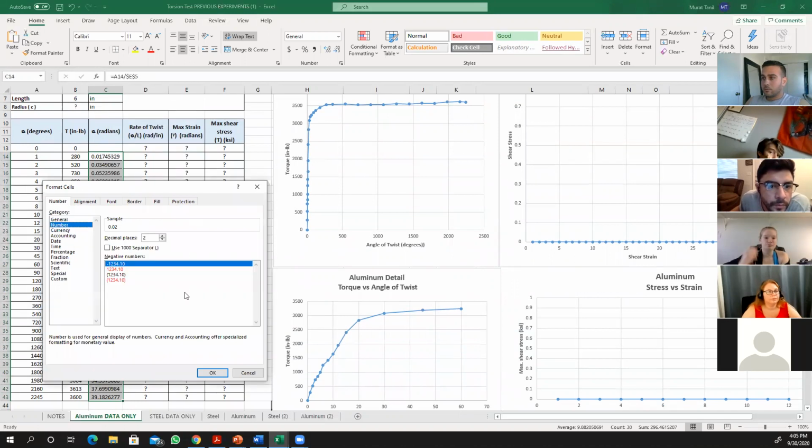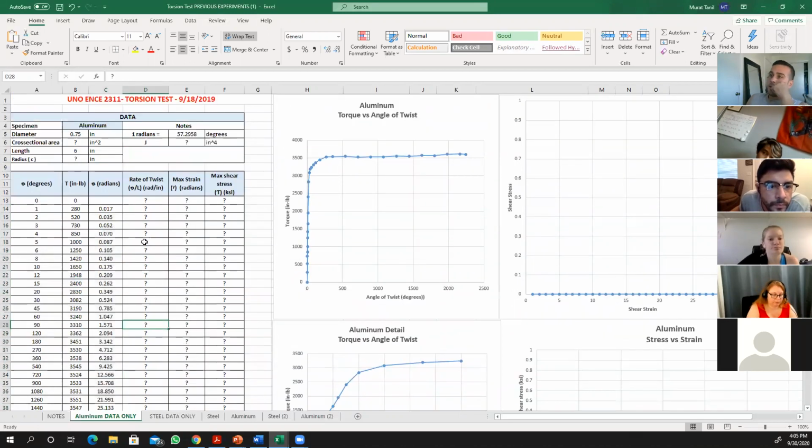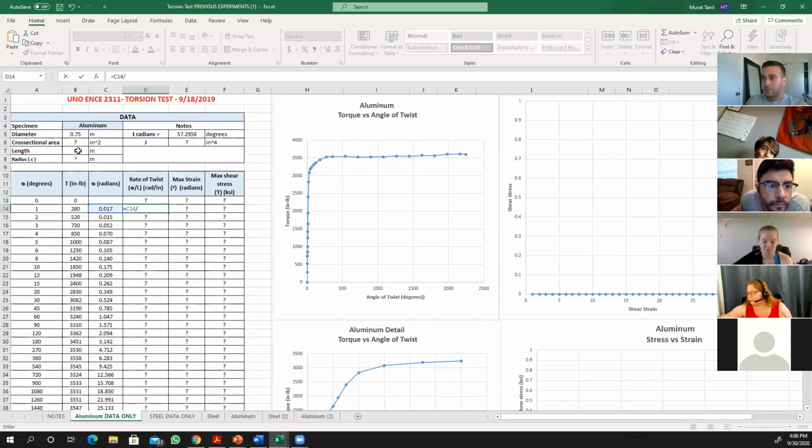I got the deformation in radians. Next, rate of twist: deformation divided by the gauge length. So I select this cell, deformation in radians, and divide it by the gauge length, 6 inch.